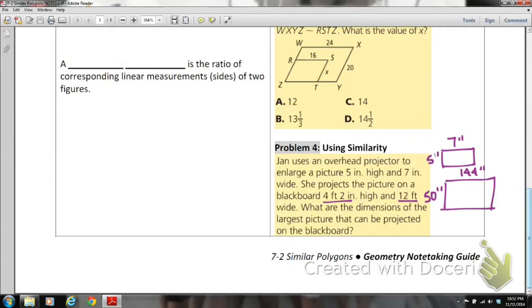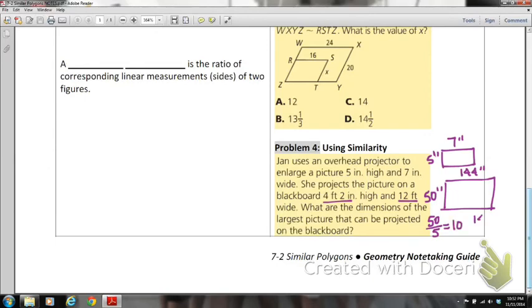So now we can compare this. We need to compare both of the heights and both of the widths to see which one we would run out of first if we wanted to fill that blackboard with that 5 inches high and 7 inches wide picture. So let's compare the 50 and the 5. 5 will go into 50 10 times.